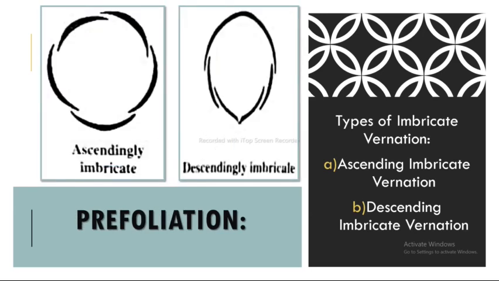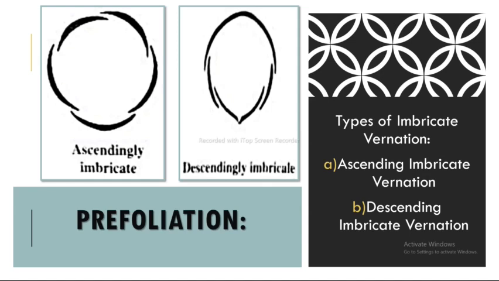So again, these are the types of imbricate vernation. First is the ascending imbricate vernation, and second is the descending imbricate vernation. In the ascending imbricate vernation, the posterior old petal is innermost, being overlapped by one margin of the two lateral petals.